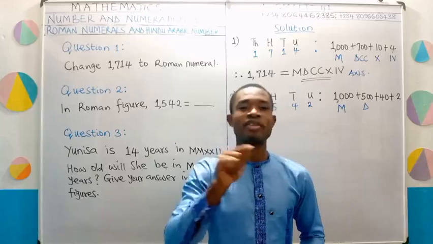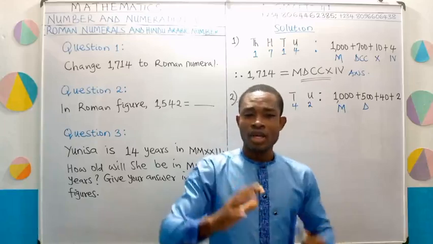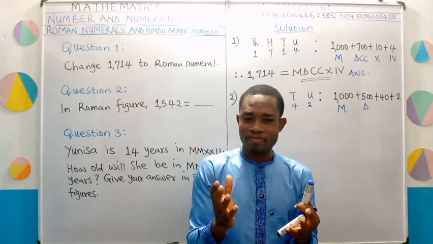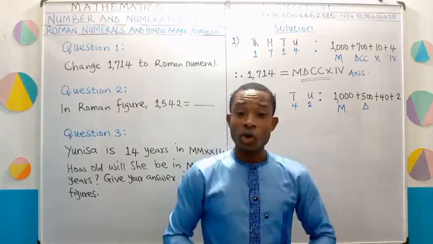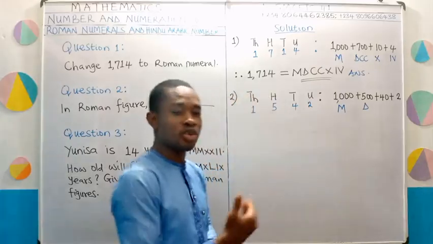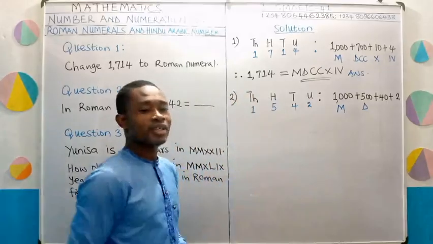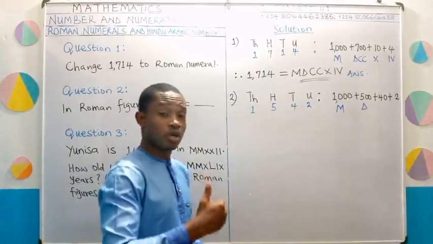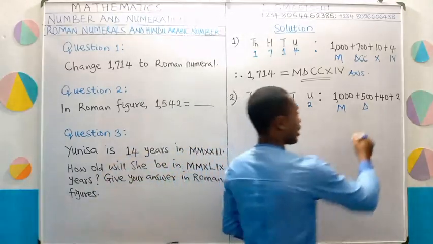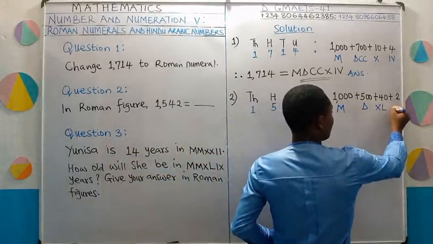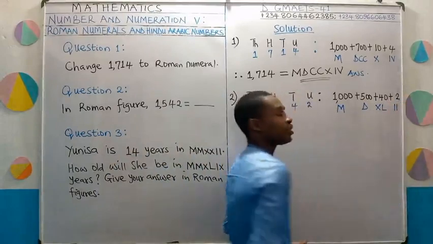Because 50 minus 10 will give you 40. And how do you arrange that? How would you arrange 50 and 10 to get 40? Of course, the smaller numeral will come before the bigger one, which means 10 will come before 50. 10 is X, 50 is L. So this 40 is XL. And then 2 is II.